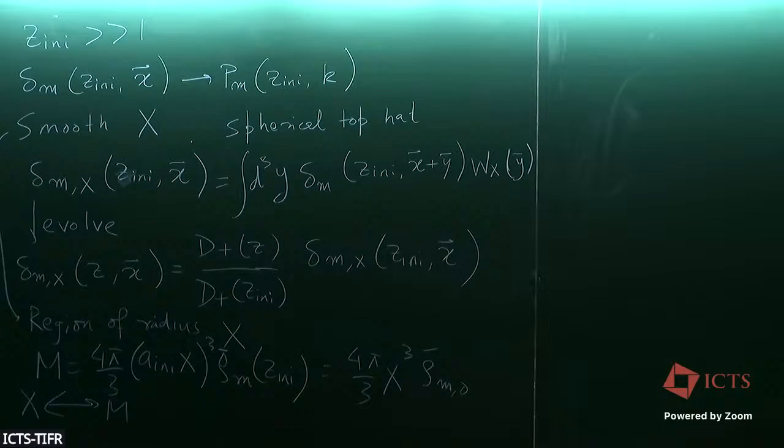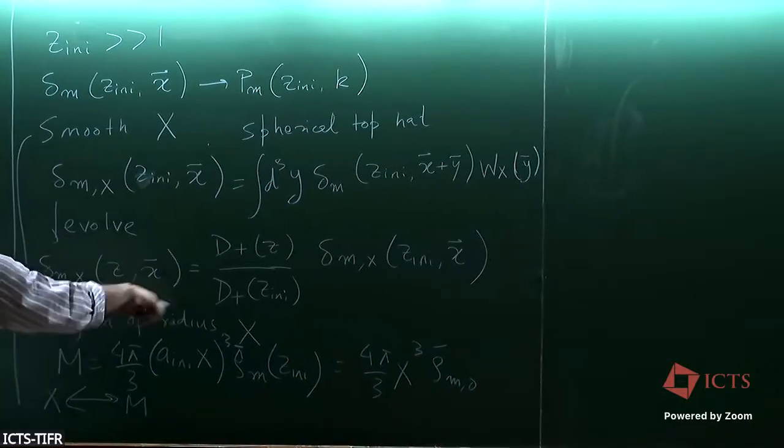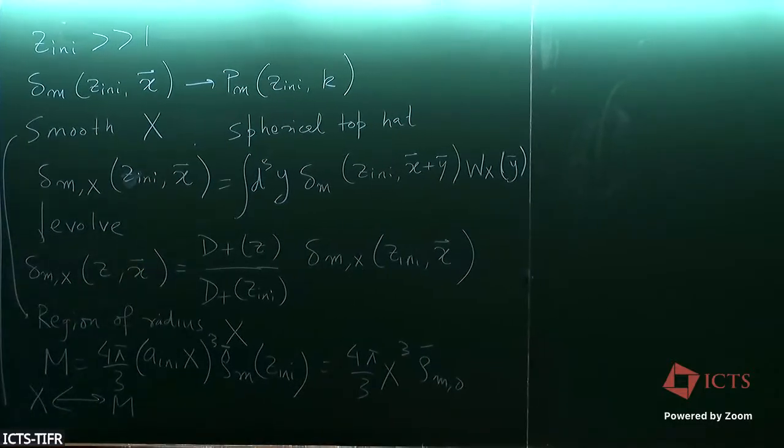Now let us say, this is the smoothed field at redshift z. So starting from the initial one, I have come to this point. Now it is actually simple. So this is the smooth field. So it has given me the value of something average, the value of the over density contrast averaged over these radii of x.